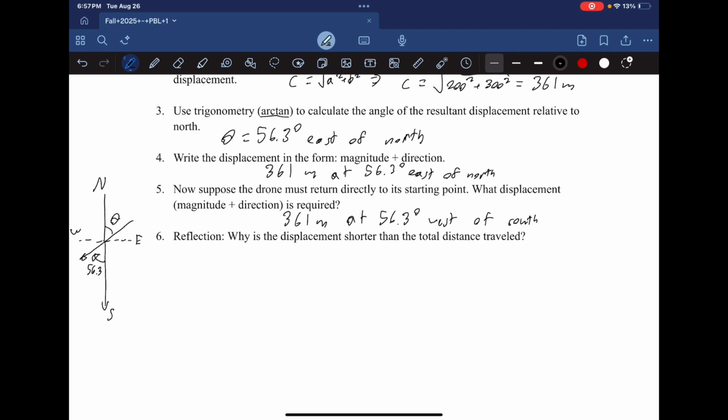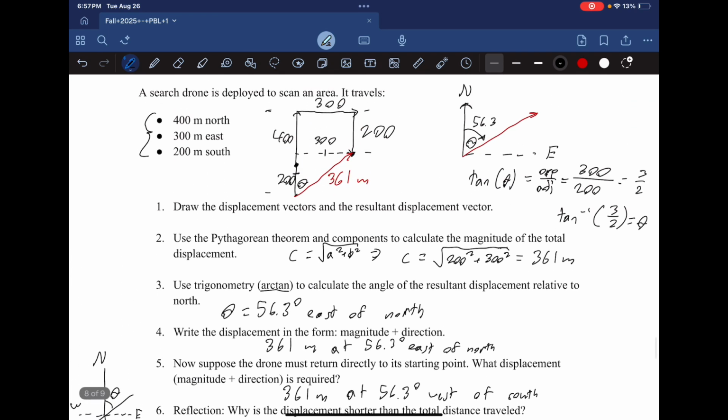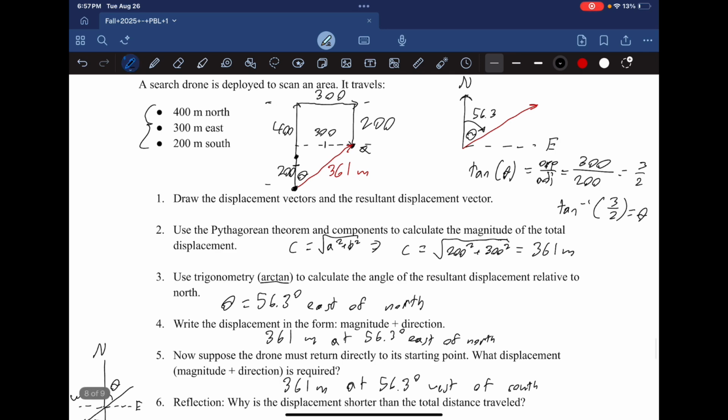But it needs to go in the southwest direction, because over here in this diagram, this point is to the northeast of this point here. So it has to move the opposite direction, southwest.